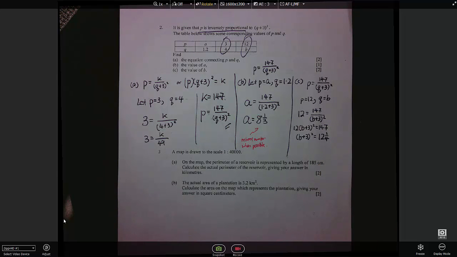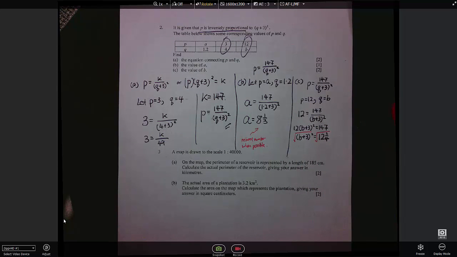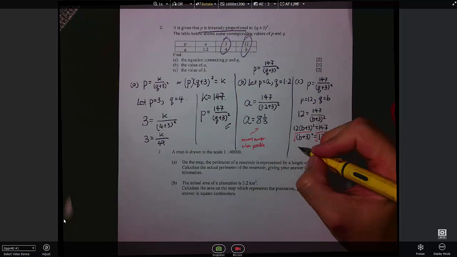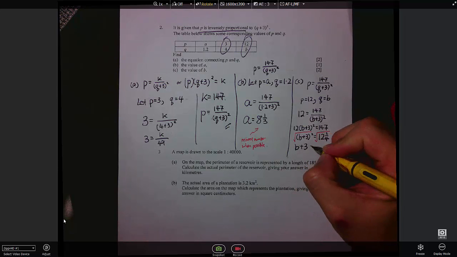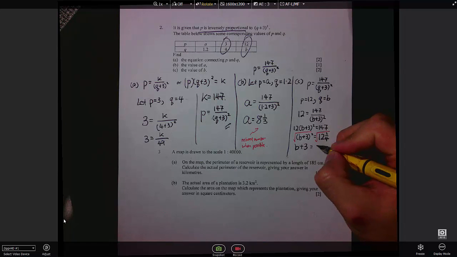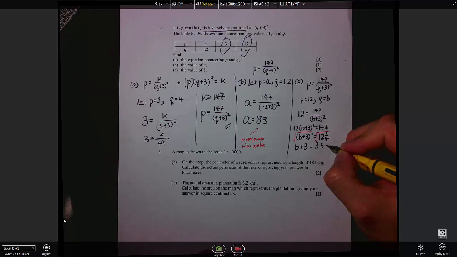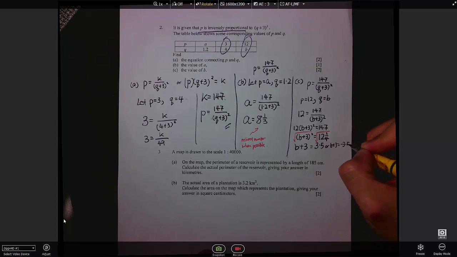To get rid of my square sign, I square root both sides of my equation. I get B plus 3 equals the square root of 12 and 1/4, which gives me 3.5, or B plus 3 equals negative 3.5.